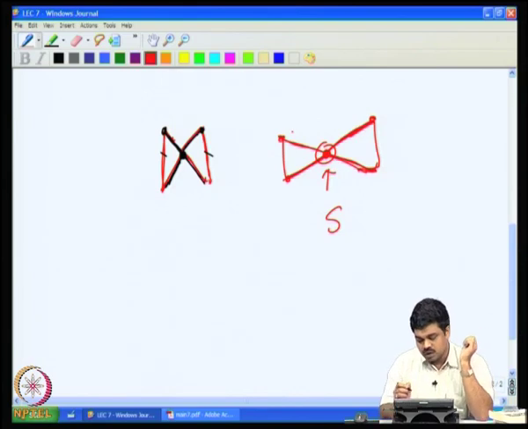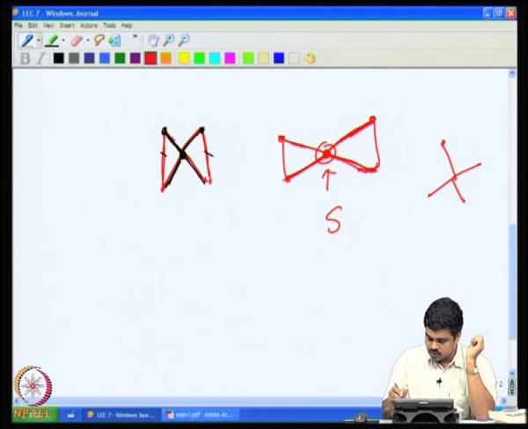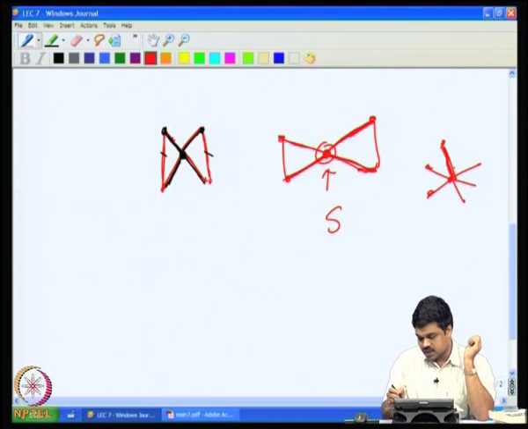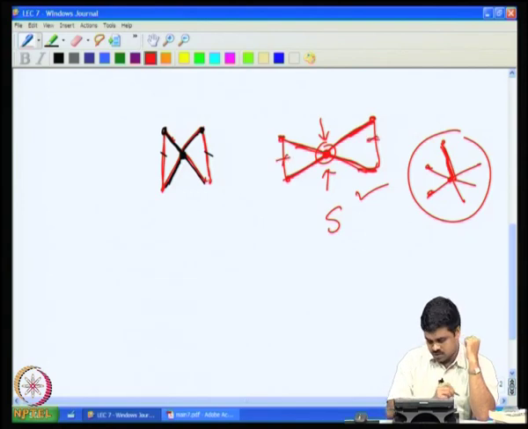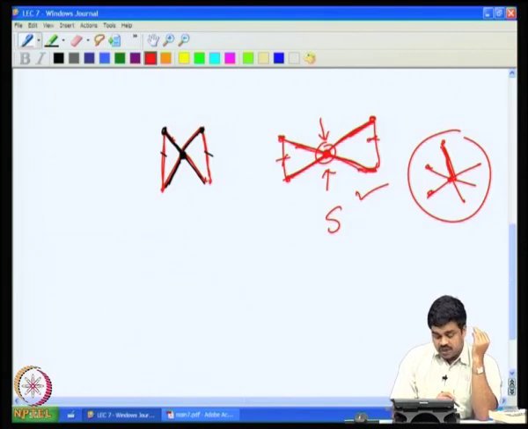In other words, if I was looking for a collection of stars, a star meaning a structure like this, such that all the vertices become part of at least one star, then we need only one star here. These edges I am not bothered about. This parameter is called the dominating set, and any dominating set which has the minimum cardinality is called a minimum dominating set. Let us go to the formal definition.